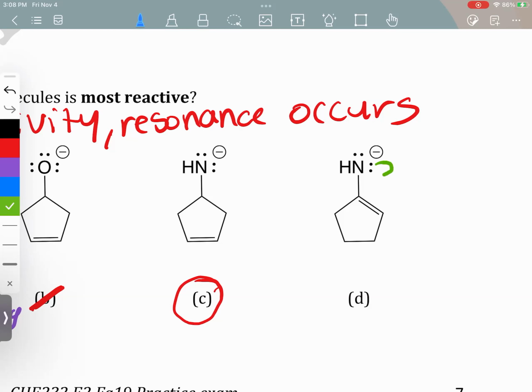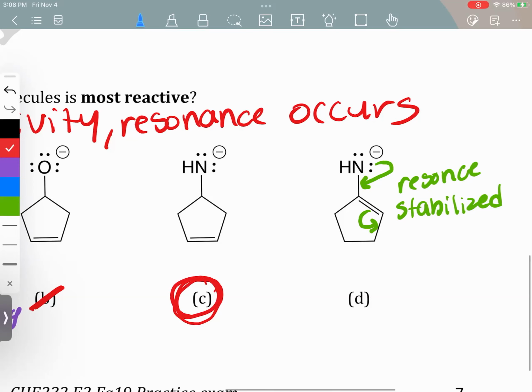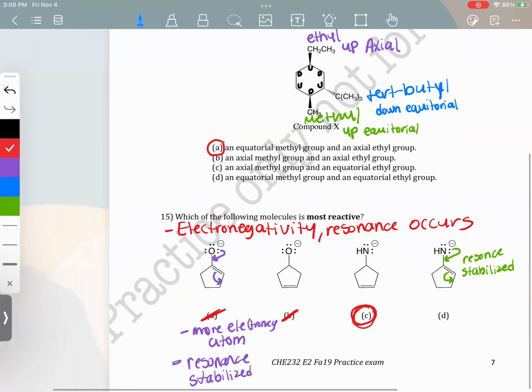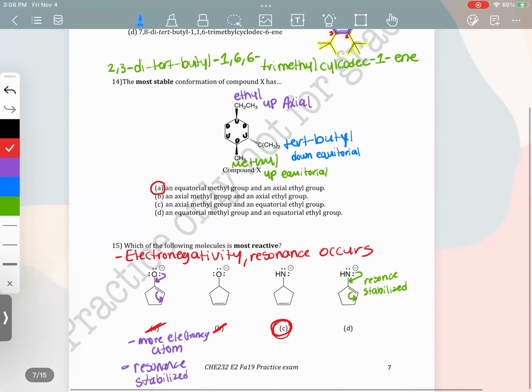So you can push one of the lone pairs to form a carbon-nitrogen double bond and resonate this double bond down here. So it is resonance stabilized again, lowering its energy, making it less reactive. So C would be the most reactive. Any questions? No, not at all.